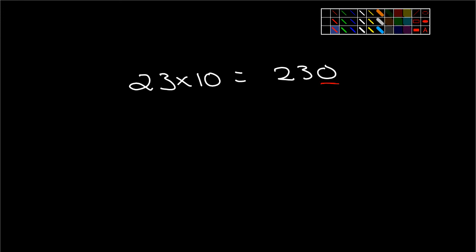Mr. Oldham, I'll pick on you here. If I had 23 and I multiplied that by 10, what's the answer? What's 23 times 10? Yeah, 230. And all he did was add a 0.